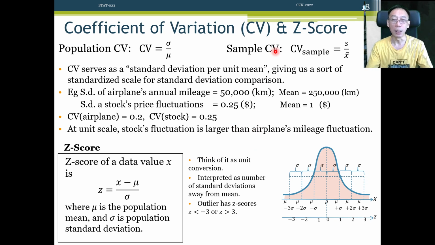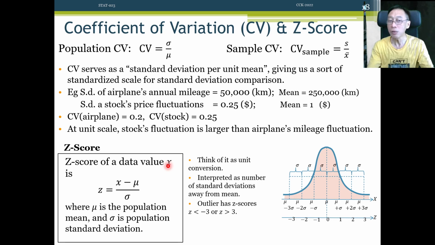Next, we want to talk about Z-score. Instead of applying a Z-score towards the whole bag of data, we're going to ask, what's the Z-score of this piece of data? So you see, the way we use Z-score is different. We ask, what's the Z-score of this data value X?